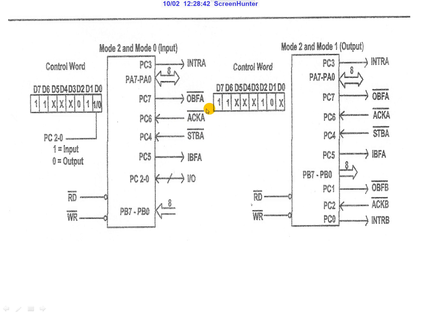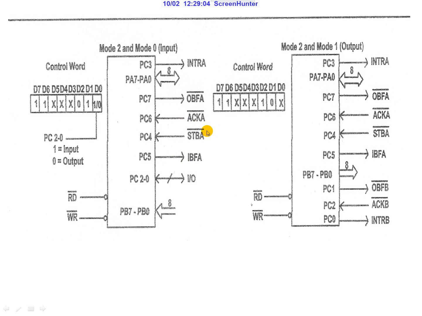PC7 is being used for the output buffer full and acknowledgement signal for the A port, and the strobe signal for the A port. So these two signals are going to be used for the acknowledgement and the strobe, that is, when the input is being received from the external device.